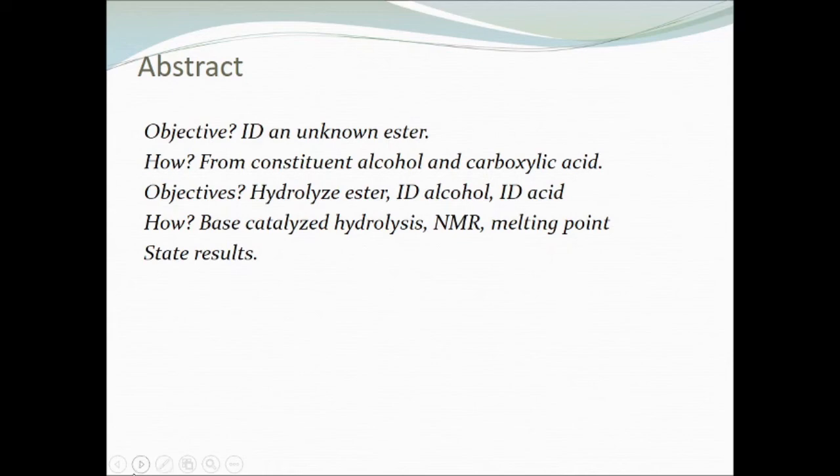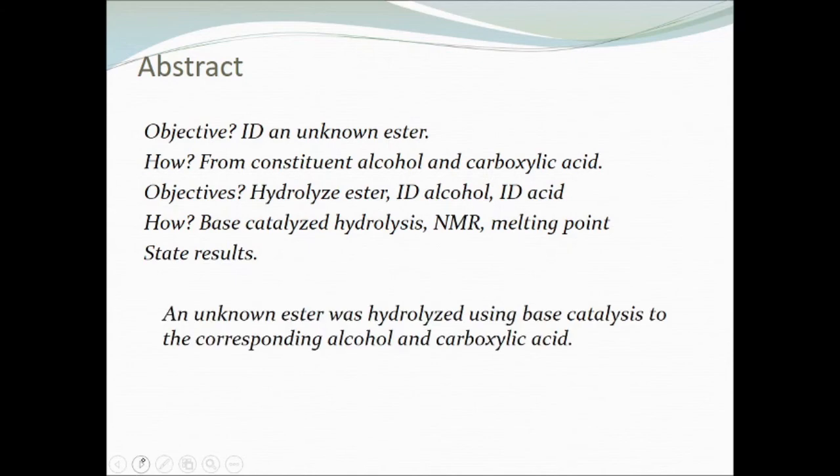But again, we don't put this as the objective was, but rather we make a statement of what we were doing. So an example would be, an unknown ester was hydrolyzed using base catalysis to the corresponding alcohol and carboxylic acid. So we're telling what the objective was. An unknown ester was hydrolyzed.